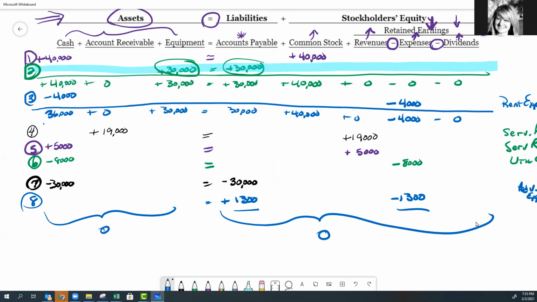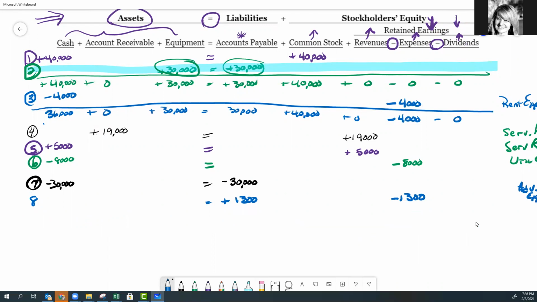We didn't put anything there. So does 0 equal 0? It sure does, and we stay in balance. So that's an important lesson. You don't have to do something on the left side of the equation and the right side of the equation. Sometimes everything that you're working with is on one side and they may net to 0 and you don't do anything on the other side. That's totally fine.